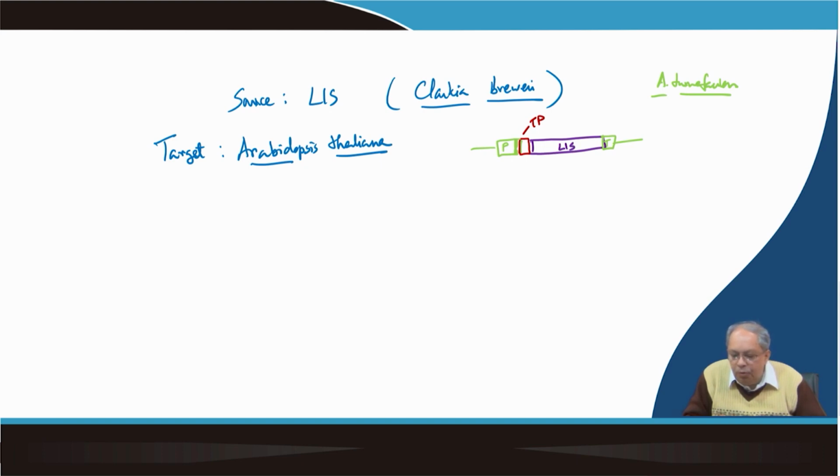But if you do not put the transit peptide, then that protein will be in the cytosol, and if it is in the cytosol, it will not get the substrate, because remember, GPP is the substrate and GPP is localized in the plastid. Therefore, the transit peptide sequence was added, so that once the protein is produced after translation, it contains the transit peptide at the N-terminal region.